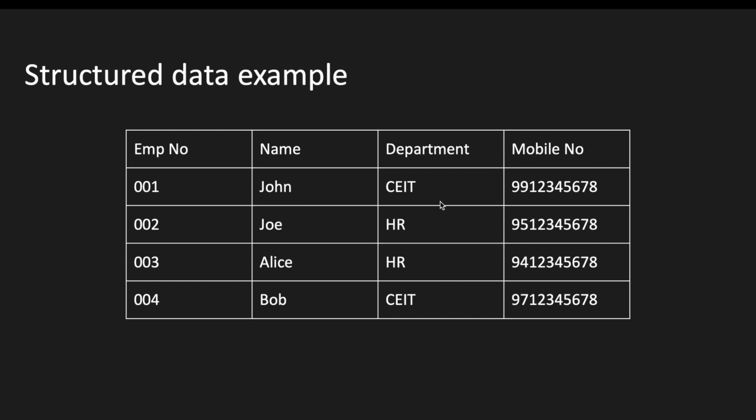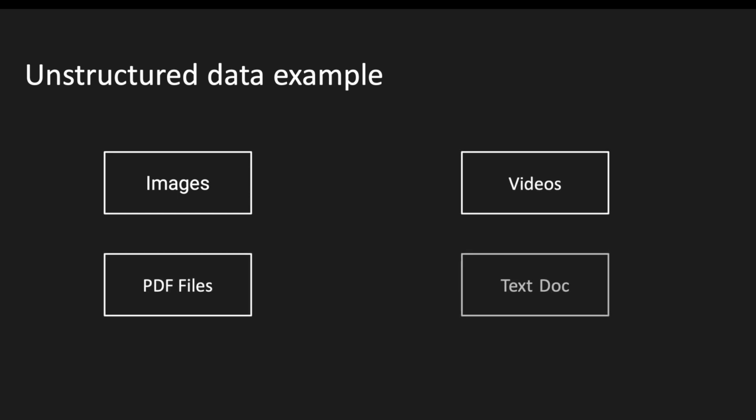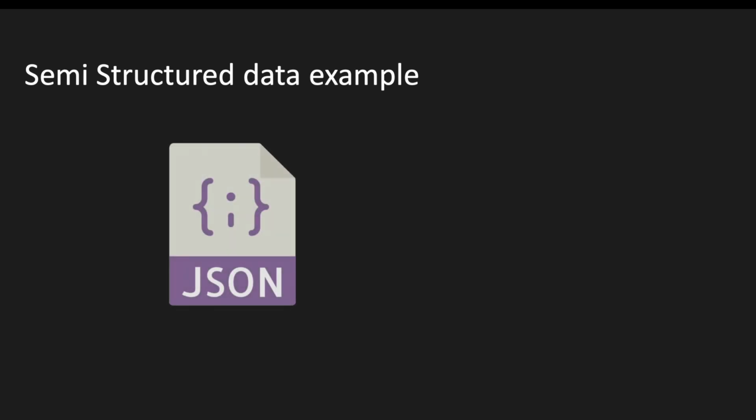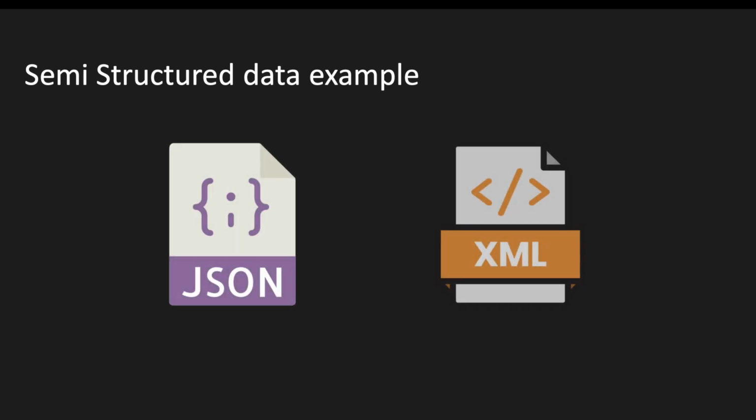Now for unstructured data, we can think of images, video, PDF files, text documents, etc. These come under unstructured data, as data is not well structured here. For semi-structured data, we can consider JSON and XML files, as data can be parsed and accessed using key value pairs. Till now we have seen the basics of types of data and its examples.